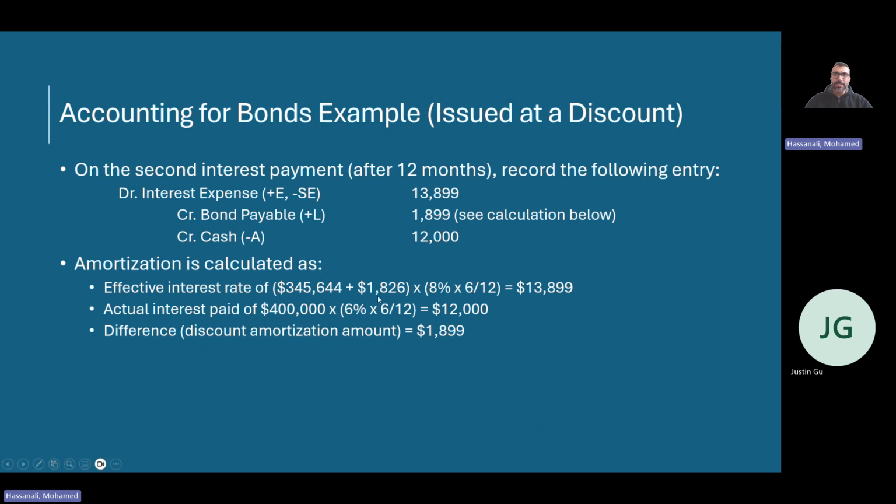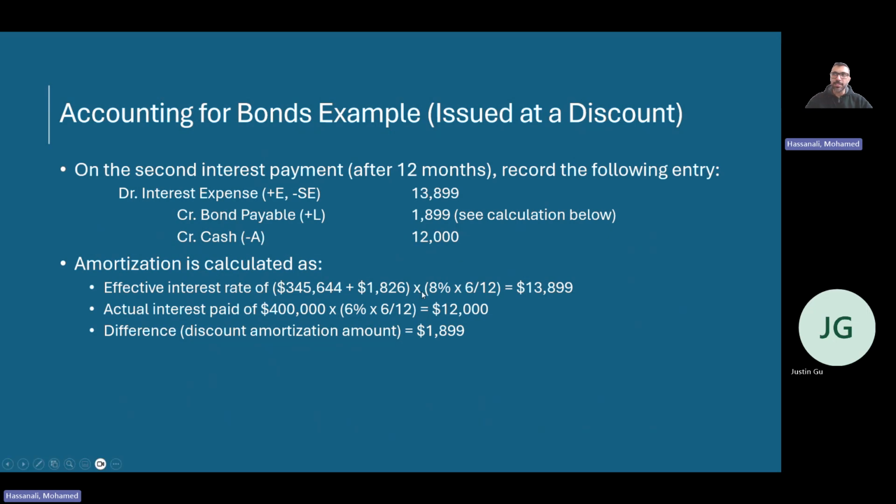You start with the effective interest rate, but this time you're using the carrying value of the bond, which means you start with the 345,644 as we had on day one, but you're adding the 1,826 from the first interest payment, which brings us the new carrying value of the bond, higher than before.